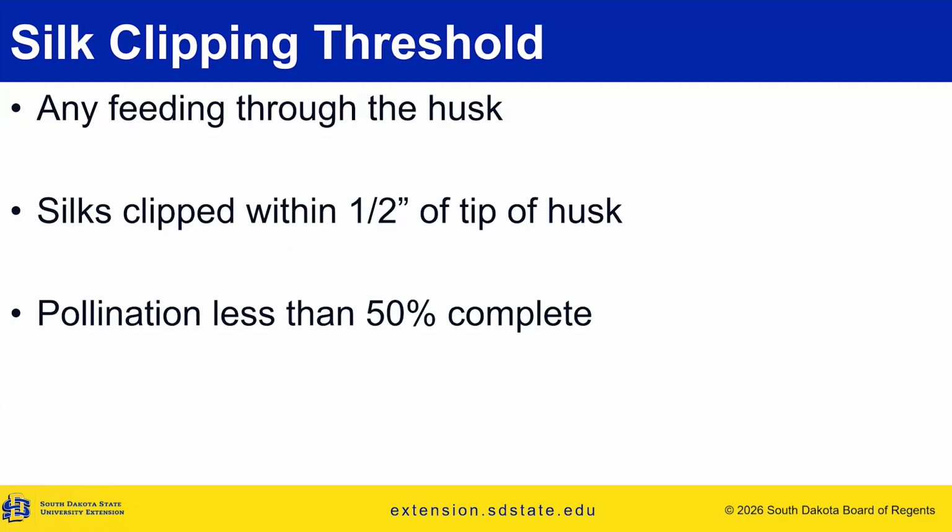We want to try to avoid having them feed through the husk because that'll open that ear up for other insects and pathogens. We also want to make sure the silks aren't being clipped within a half inch of the tip, because that's really necessary for pollination, and if pollination is less than 50% complete. So if you meet those criteria, it's time to spray for grasshoppers feeding on those plants in July and August.